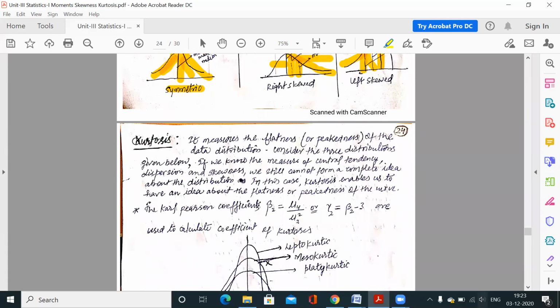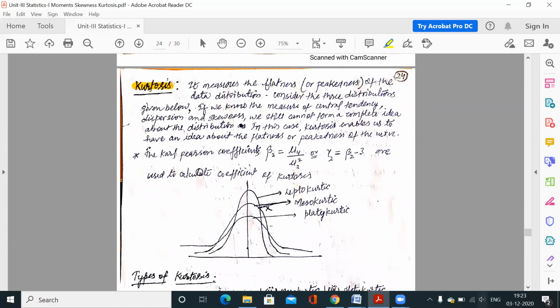Now the second concept, kurtosis. Observe these three distributions: first this distribution, second this distribution, and third this distribution. Suppose we have to differentiate these three distributions.